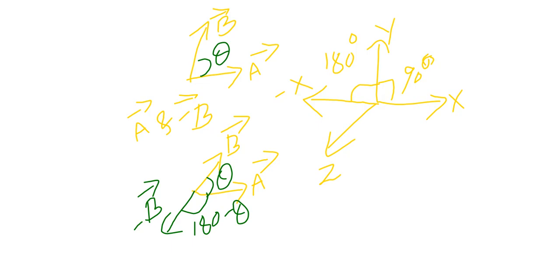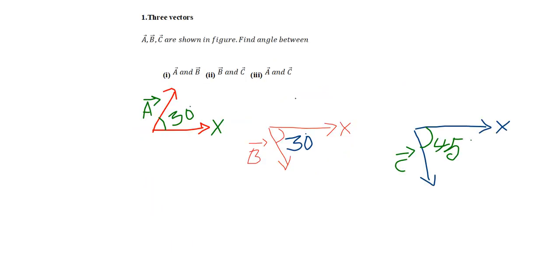So this is the representation of the angle. Some problems are given here on the angles. Simple examples: A bar, B bar, C bar are shown in the figure. Find the angle between A bar and B bar, and A bar and C bar.